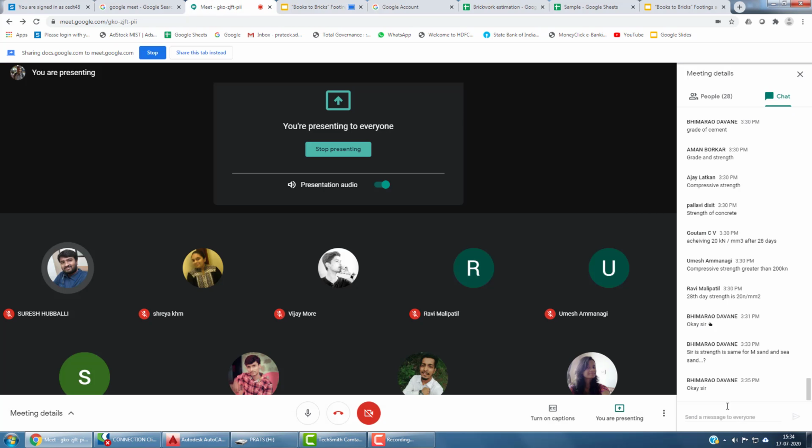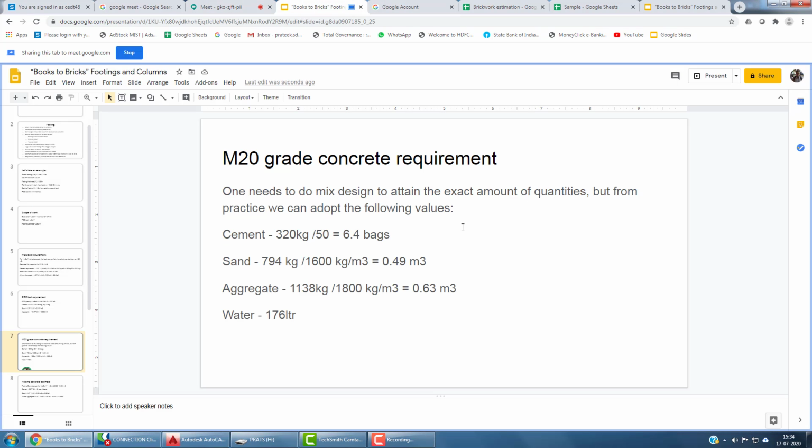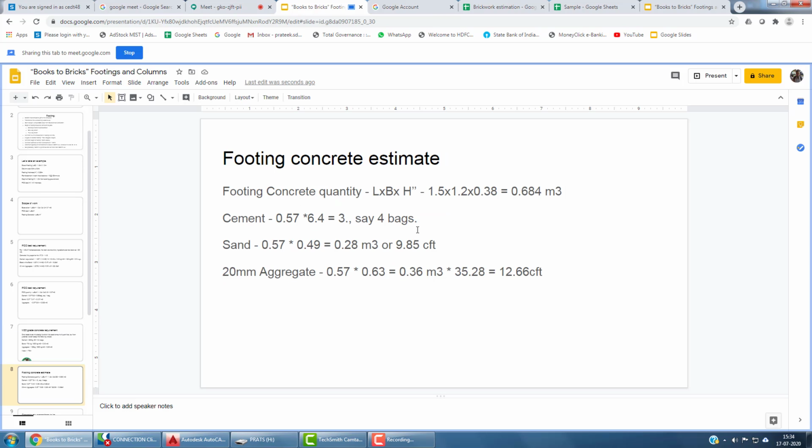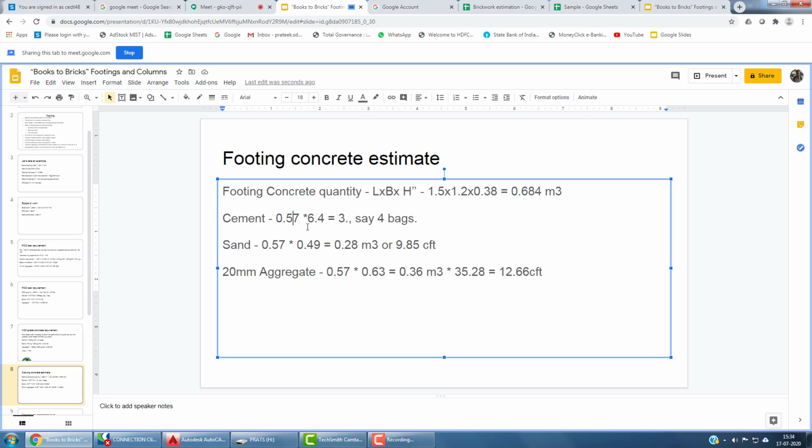Yes, is it clear, guys? We are calculating footing concrete. For 1 m cube, we have seen this much of quantities are required. So we'll see for this. Yes, how much will you get? Is it okay?